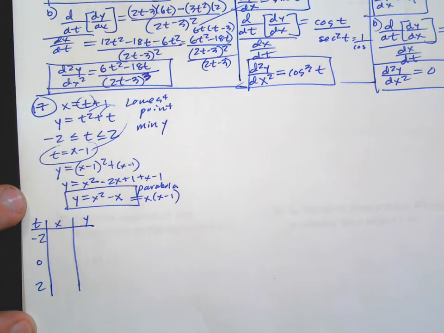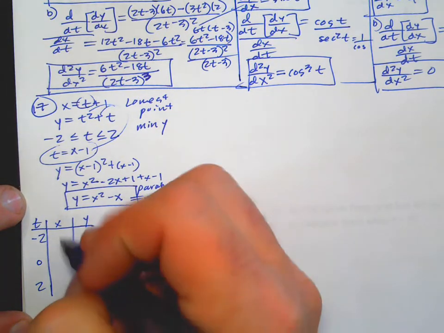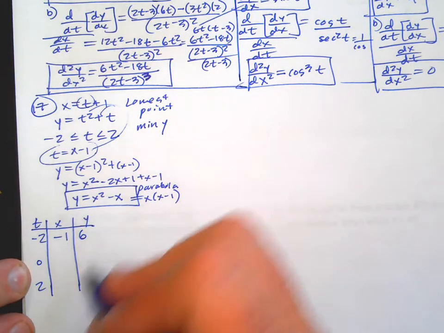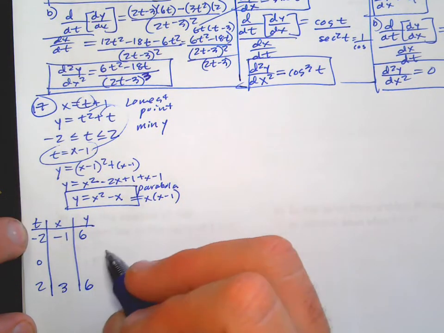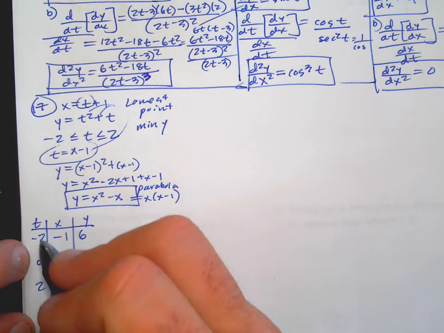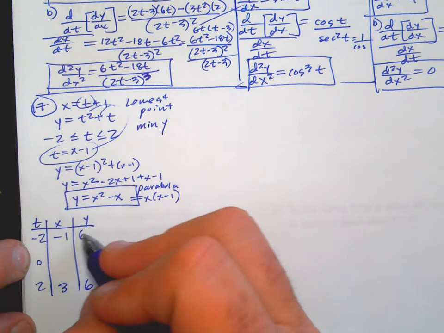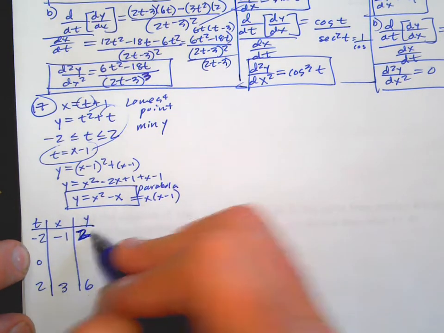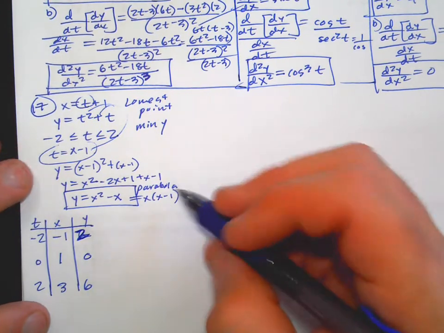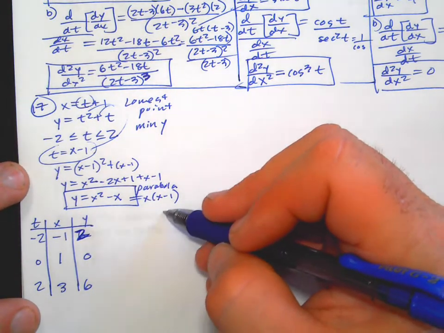Negative 2 would be negative 2, 6. 2 would be 2, 2. Plug 0 in just for another point. Be 1, 0. So let's sketch this parabola.